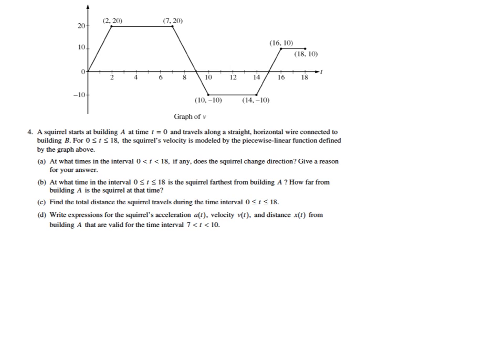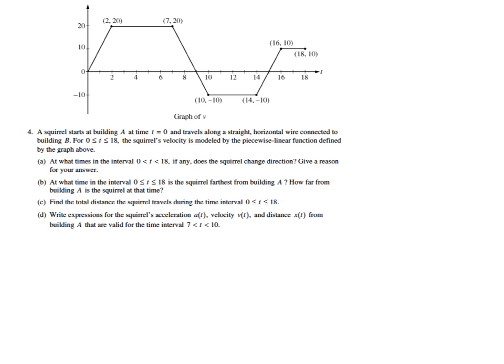Now because this is a graph of v, to find acceleration, which is the first thing they want me to find here in part D, I know that acceleration is just the rate of change or slope of the velocity.